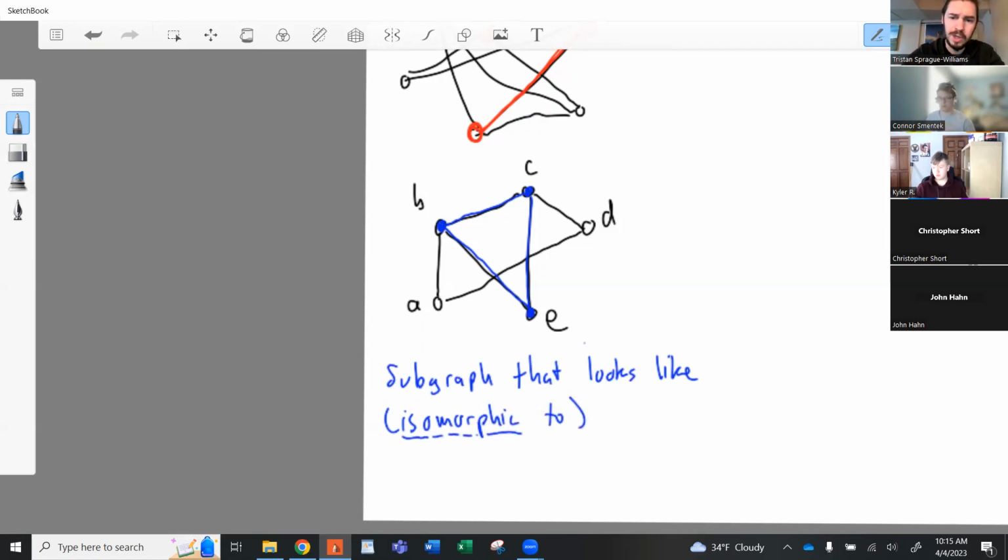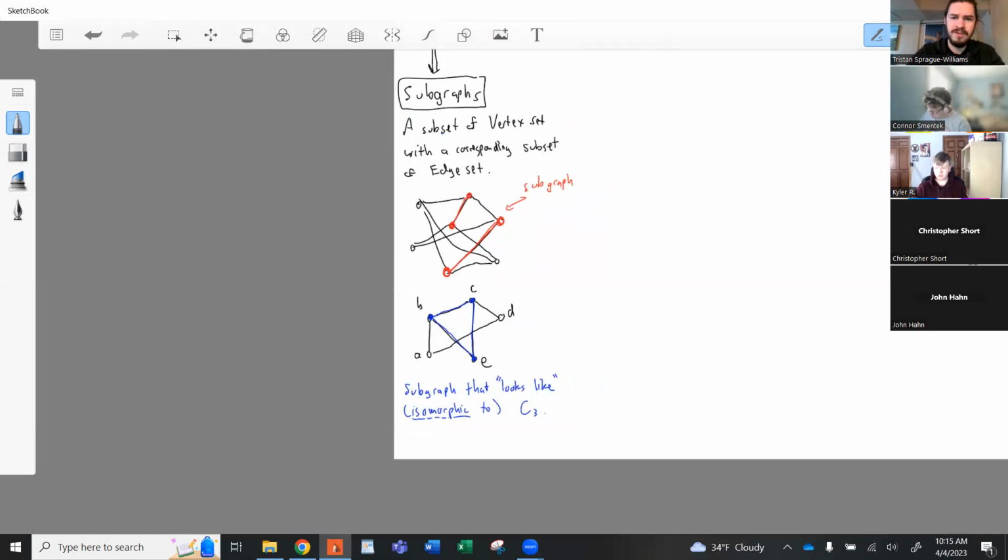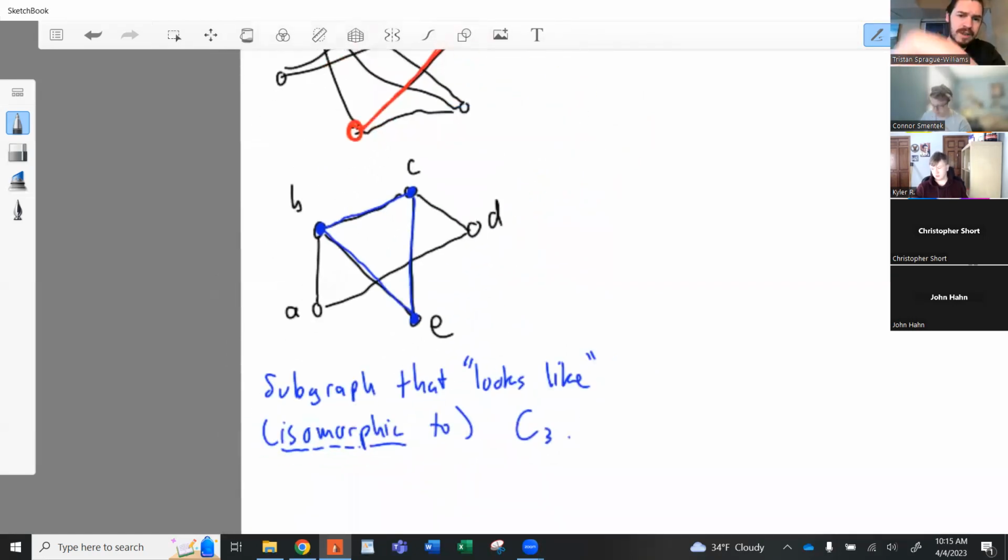A subgraph that is isomorphic to C3. You can also find a subgraph in this graph that looks like C4. If I select these 4 vertices here, there is a subgraph that looks like C4 if I include all of those vertices like that.